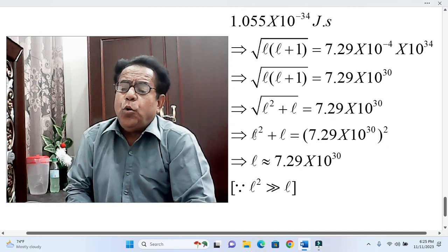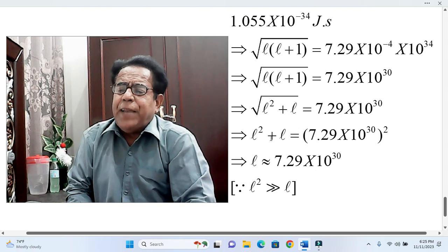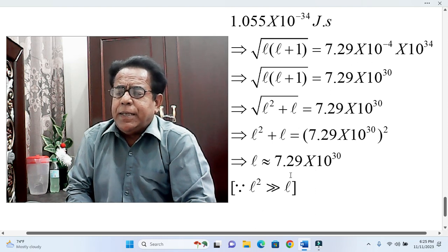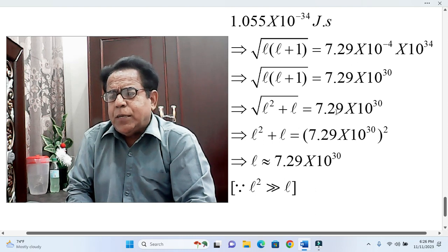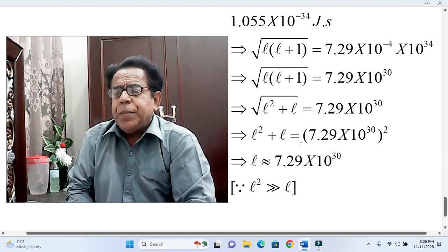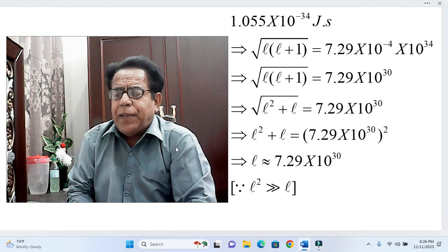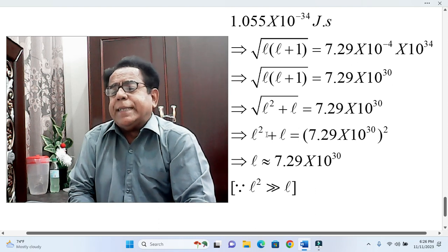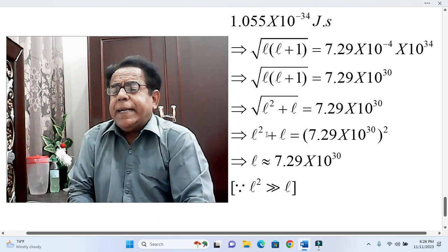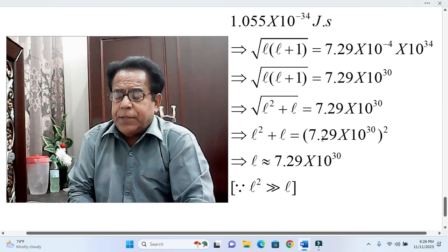Now because l square is very much greater than l, l will be approximately equal to this value, because we will assume l square plus l equals l square, only l square, and then we will again take under root on both sides.